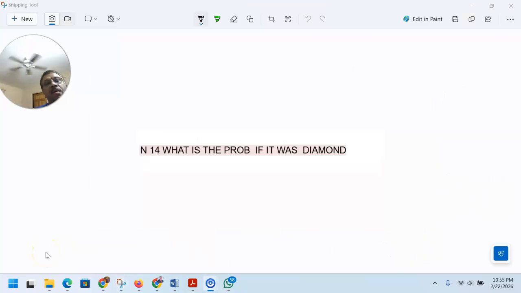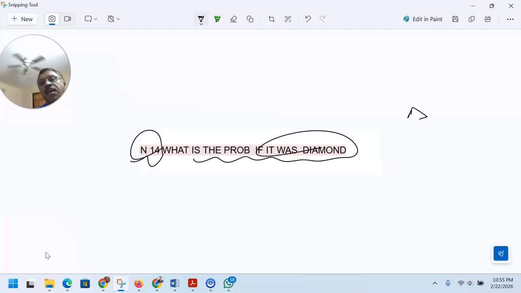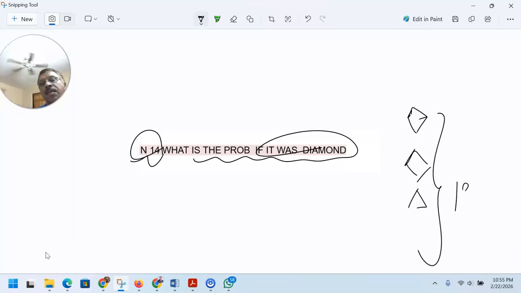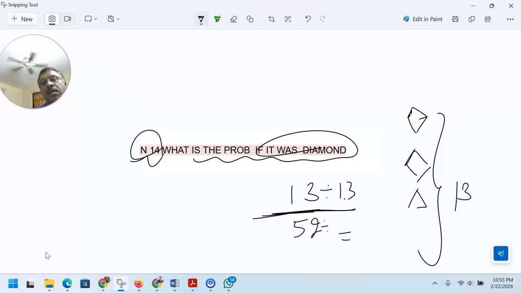So in the previous problem 14, what is the probability? It was diamond. Now, how many diamonds are there? We know there are altogether 13 of these. So from 52 cards, there are 13, which becomes, if you divide by 13, 1/4, which is 0.25, which is also 25%.